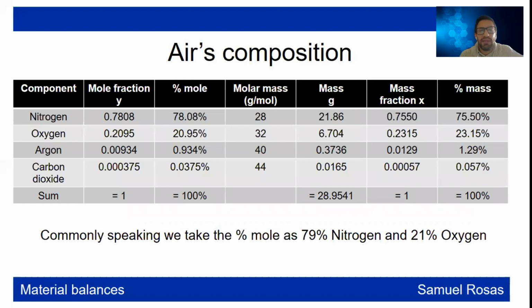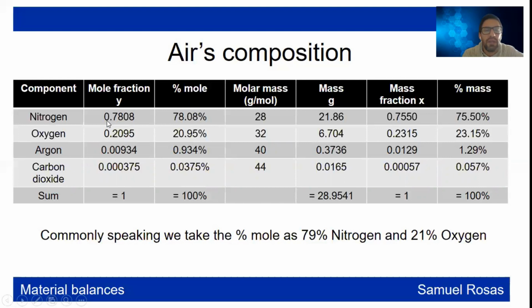Let's have an example. Earth's composition is usually given as the mole fraction, 78.08% of nitrogen. So we can go from mole fraction to percent mole just by multiplying this mole fraction times 100, and then that's a percent.